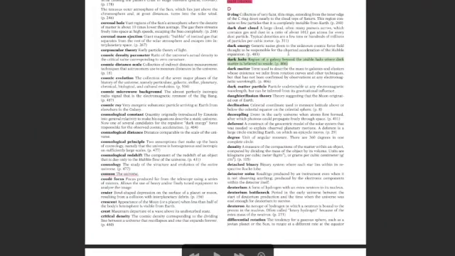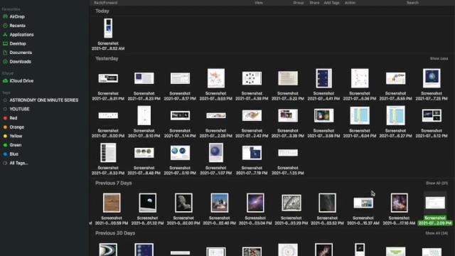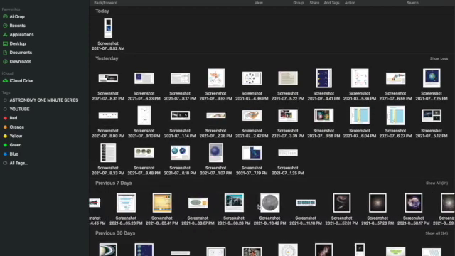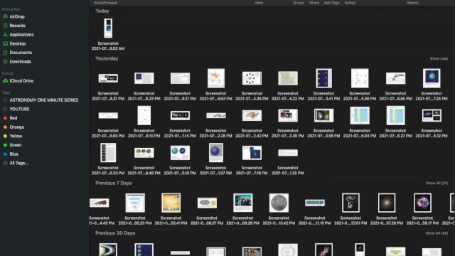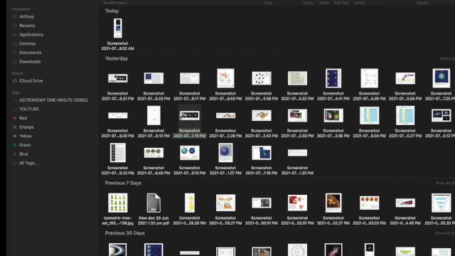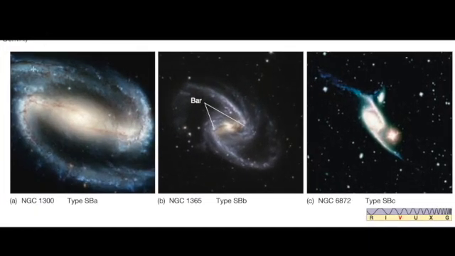Okay, what is dark halo? Let me just take you to the dark halo as well. Yes, here you go with the dark halo. Here you can see the different regions in a galaxy.